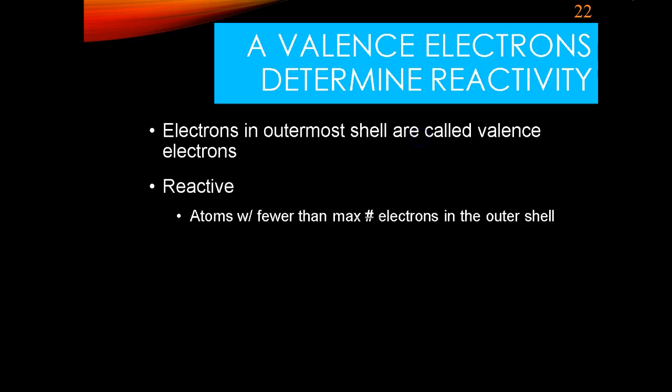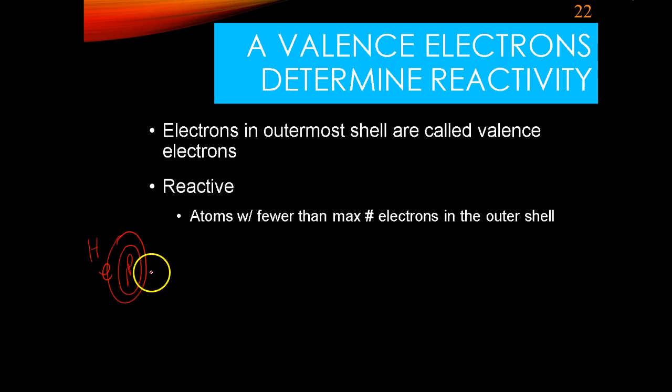So in other words, if the atom only has one shell, then, for example, in the case of hydrogen, remember hydrogen had one proton, and then it had one electron. So that one shell is not complete because it can hold 2 electrons.